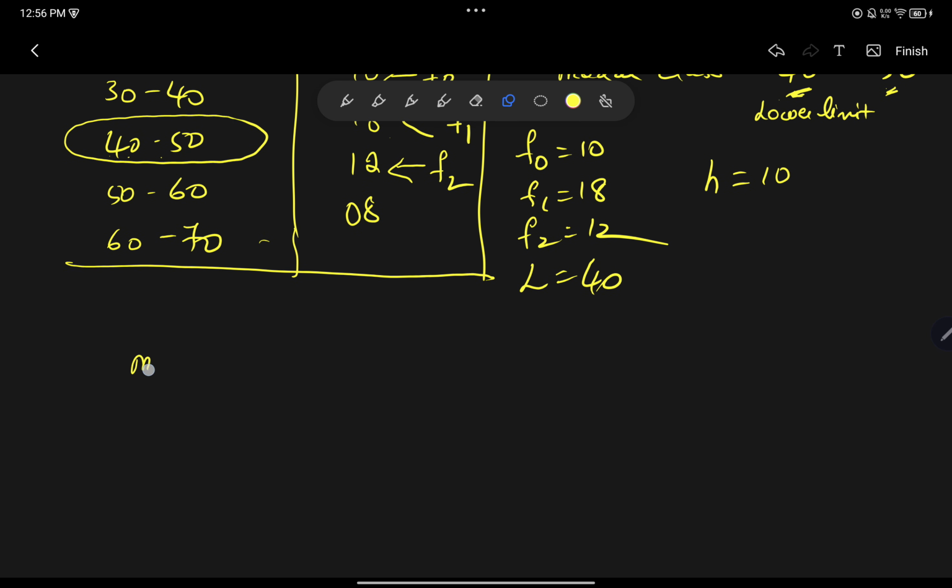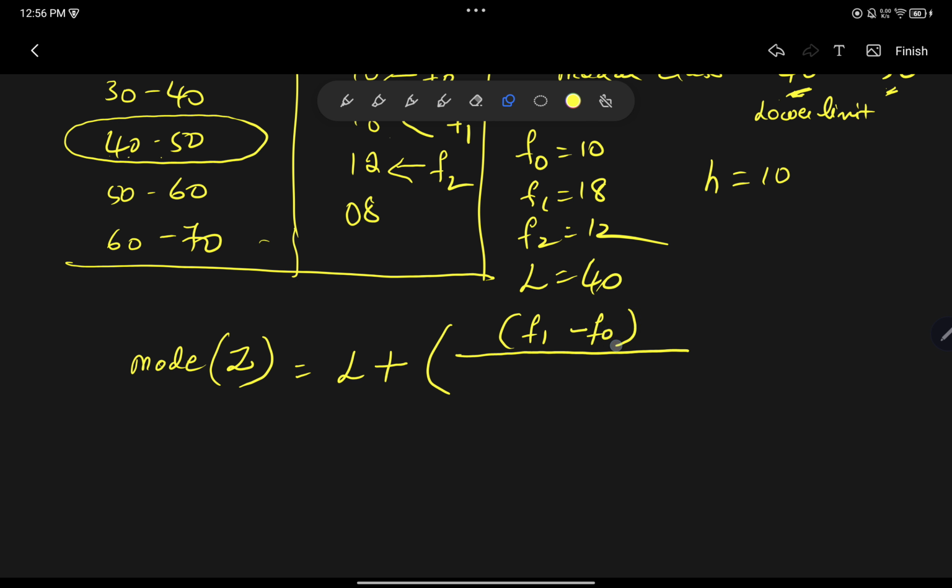Now, as per formula, mode is denoted with Z also. You should know that. Mode is equal to L plus, formula is f1 minus f0 next, 2f1 minus f0 minus f2 into h.